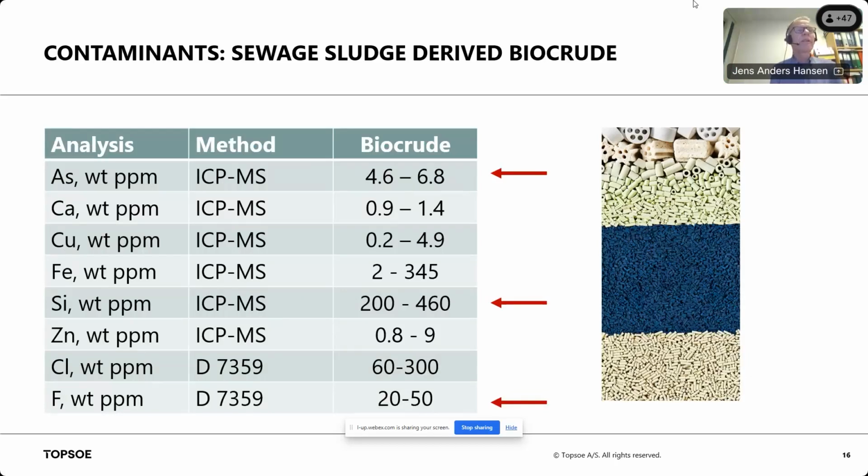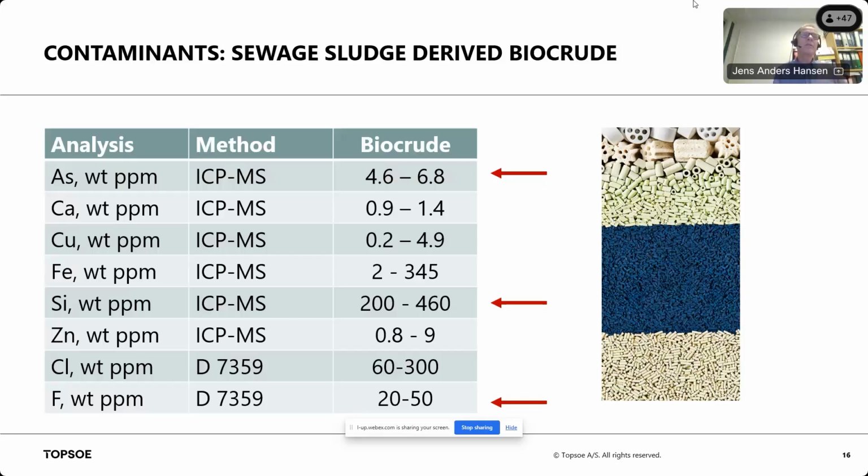You can see a very, very high concentration of silicon, ranging from 200 to 460 weight ppm. You can see chlorine present. You can also see fluorine present. And we have seen that this fluorine is coming from PFAS. And PFAS is, as you all know, around. PFAS is fluorine compounds that are very, very difficult to remove. And that is something that could be problematic for upgrading this to jet product, but I will come back to that later.